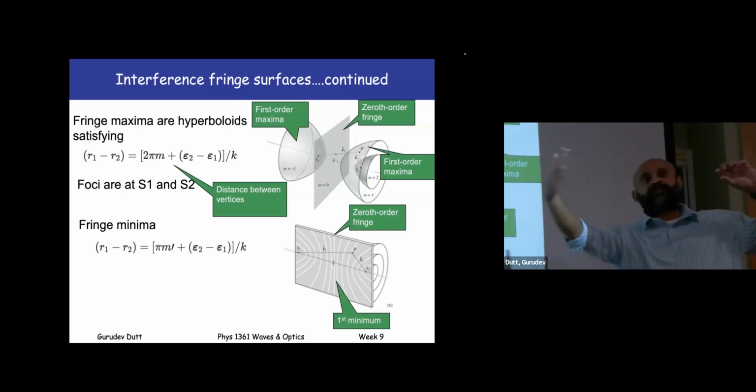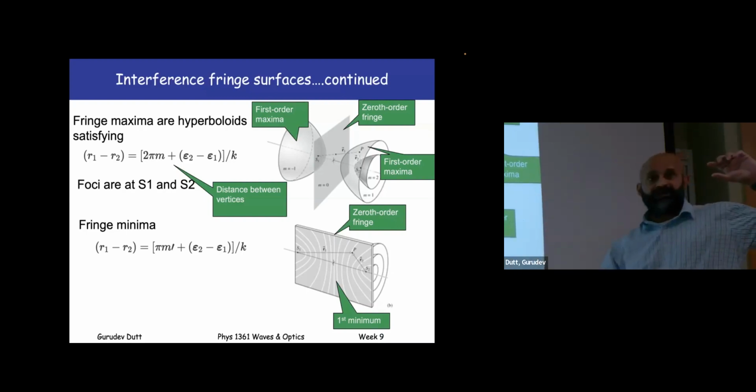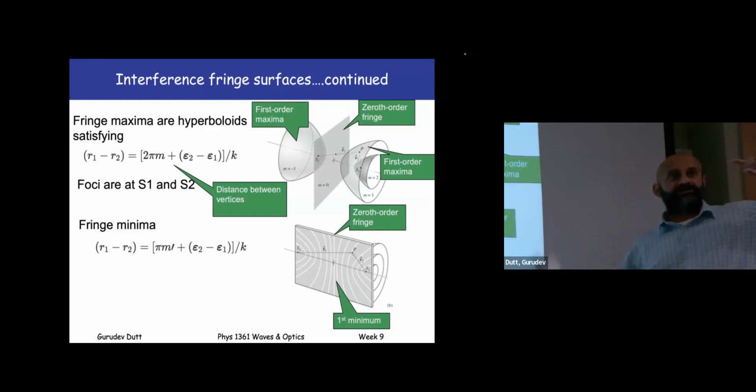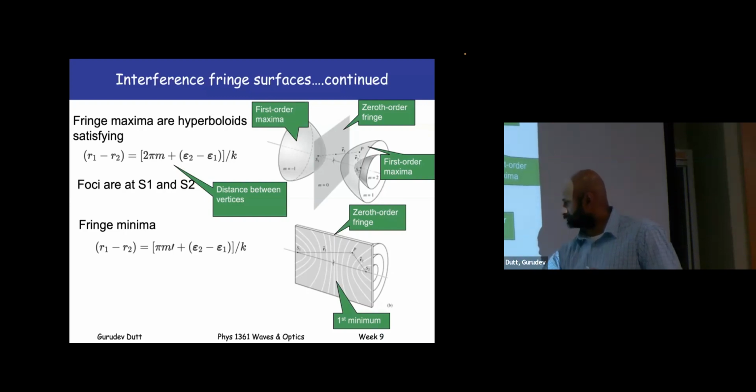But you could also imagine taking a plane that includes, say, just the point P and cuts through the hyperboloids. That's the fringes that you're actually going to see. So in practice, what you'll be seeing is a cross section through the hyperboloids, depending on where in space you're observing it. If you're right in this plane, you will get hyperbolas, but close to the center, you're going to see nearly straight line fringes.